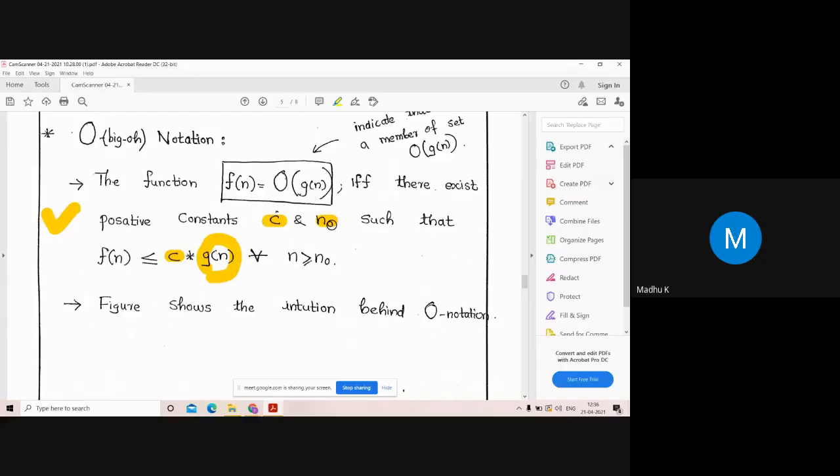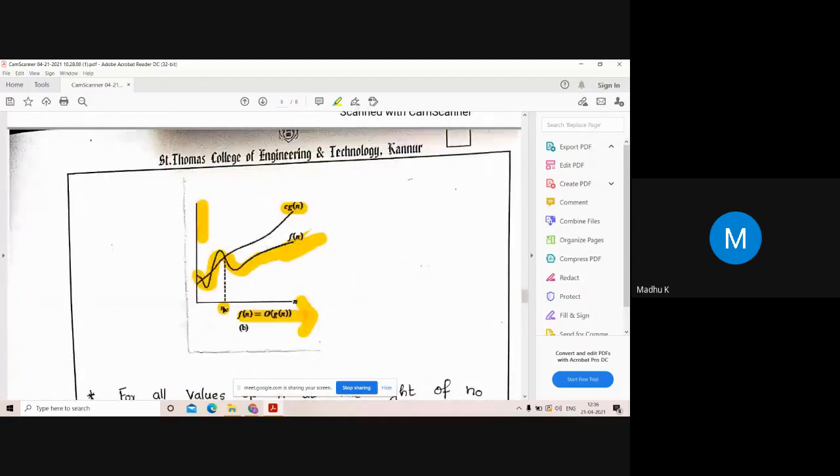What is n0? N0 is a particular positive value.